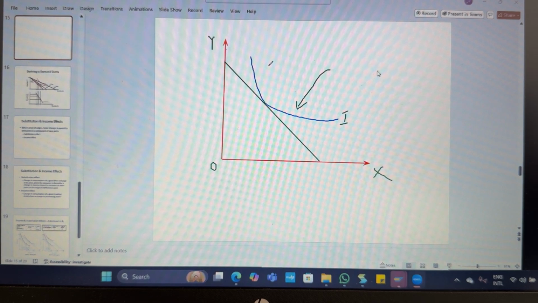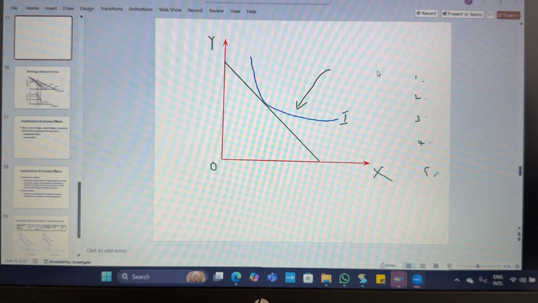What are the characteristics of the indifference curve? At least a few points: 1, 2, 3, 4, 5 points.